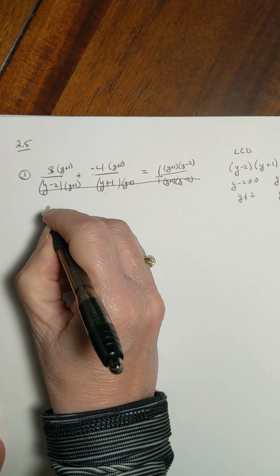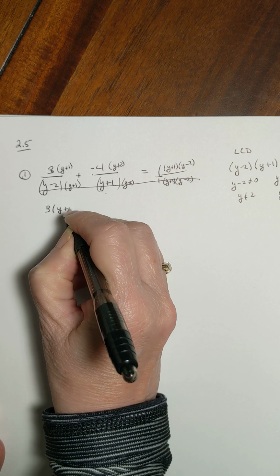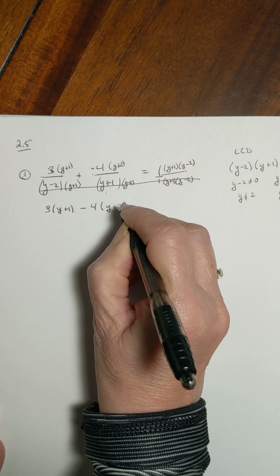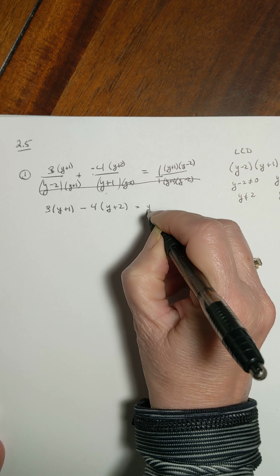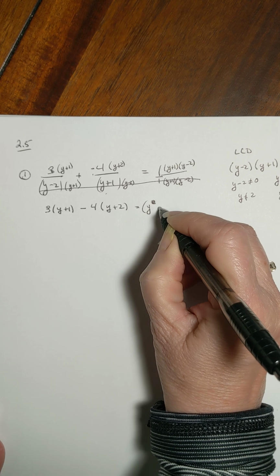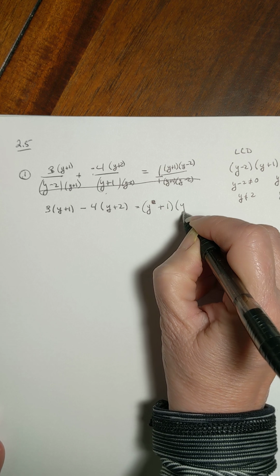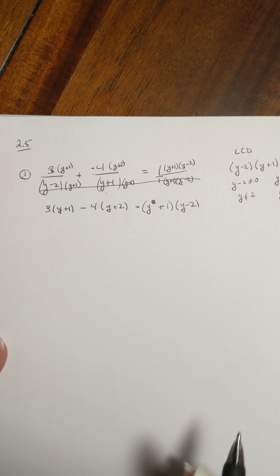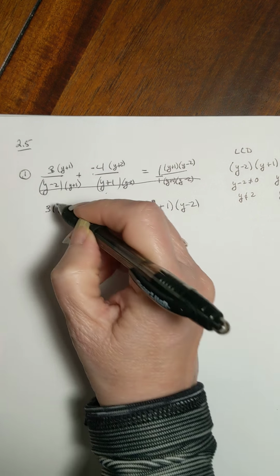So I will have 3 times y plus 1 minus 4 times y minus 2 is equal to y times y plus 1 times y minus 2. I started to foil in my head before it was time. All right, so now I'm going to distribute.